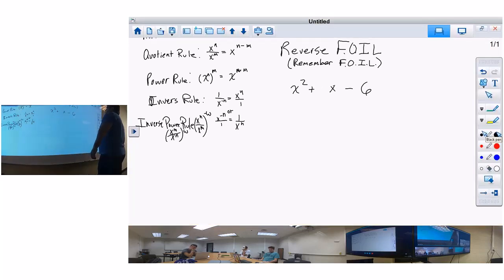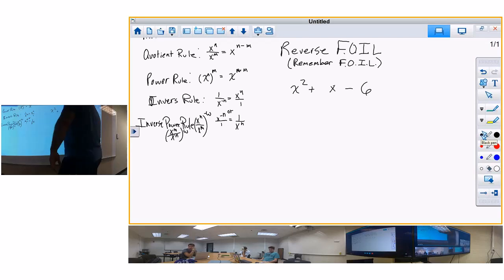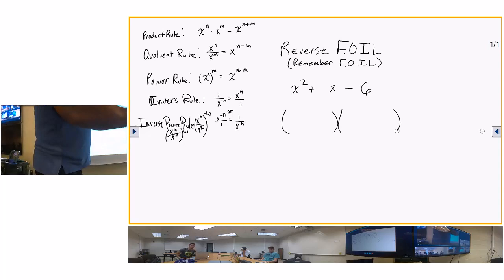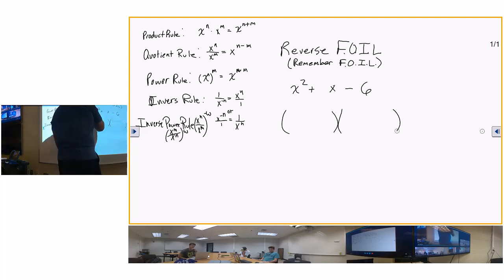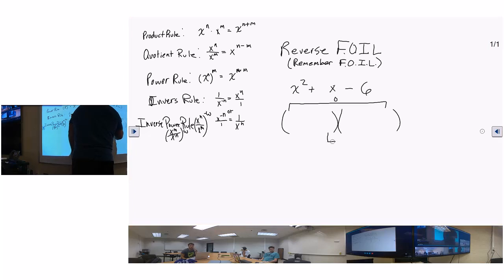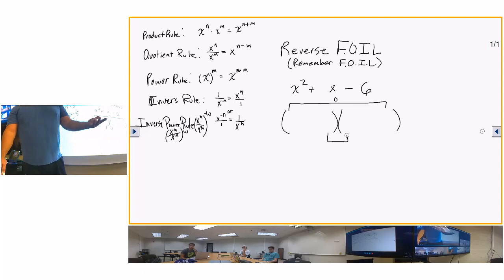Now, in order to do the reverse FOIL, you have to remember that the FOIL is with two sets of parentheses, and you have to do first, outer, inner, last. Remember? Now, the key to the reverse FOIL is the outside and the what? Inside. Because I can give you the multiples of x squared.